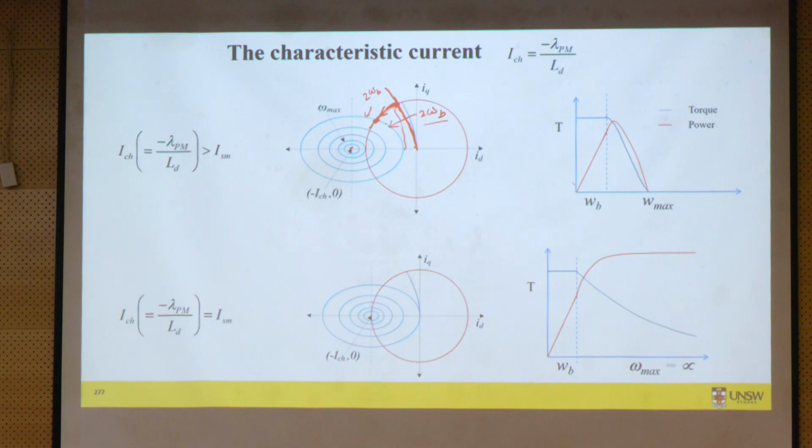We have an ID current here at MTPA, and here we have another ID current, and this ID current is bigger than the first ID current, right? So by increasing that ID current, I have moved to the second operating point, and so on. I can keep moving to various operating points relating to the voltage limit. So this negative ID current can be calculated from that voltage limit equation, okay.